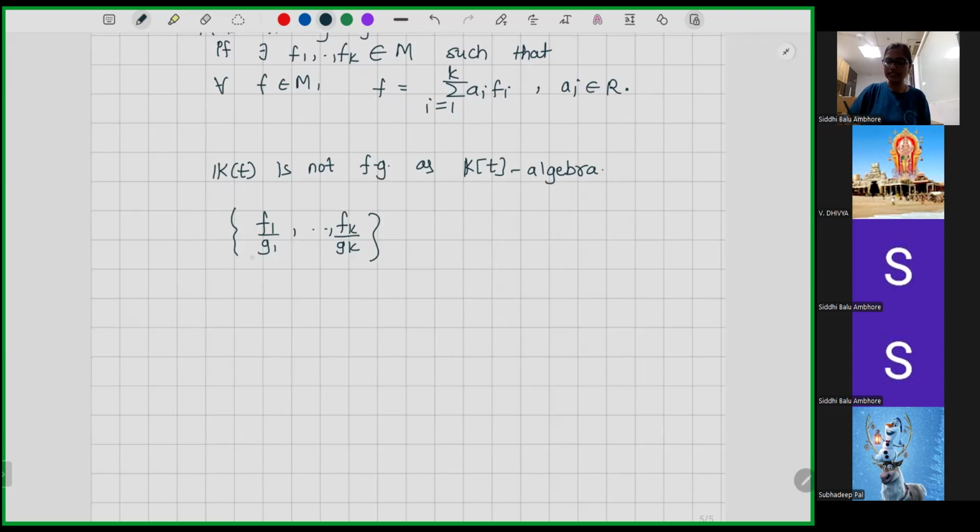We can even out this denominator here and choose an irreducible not equal to any of the factors of this Gi.